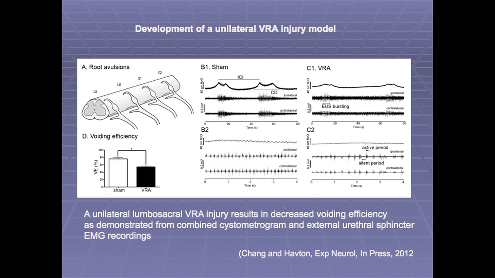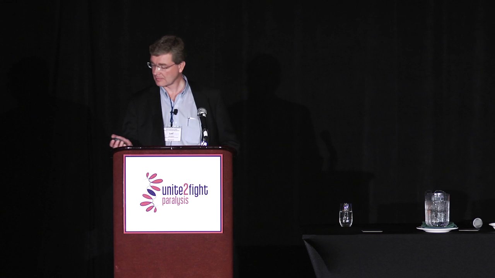So we have changes that we can study and outcome measures: the completeness of emptying is affected. Also the firing of the sphincter, as well as the pressure relationships, are affected by this injury.